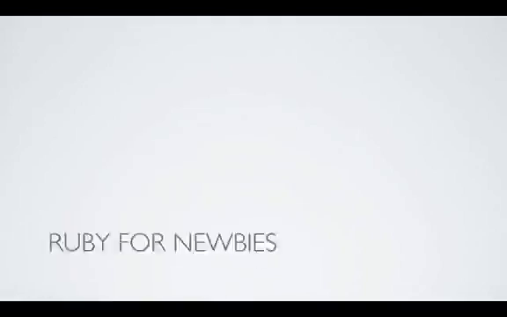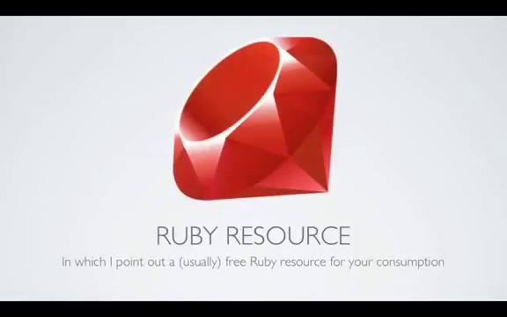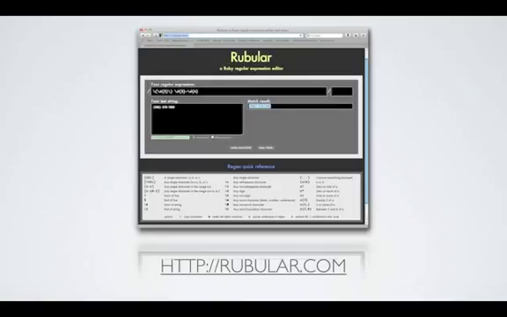Well, that's been our Ruby for Newbies lesson for today. Before we go, of course, I want to point out our Ruby resource. Today, I'm going to send you to rubular.com. This is in keeping with our topic of regular expressions. This is a really nice way to play with regular expressions. As you can see here, we have an area where you'll type in your regular expression.